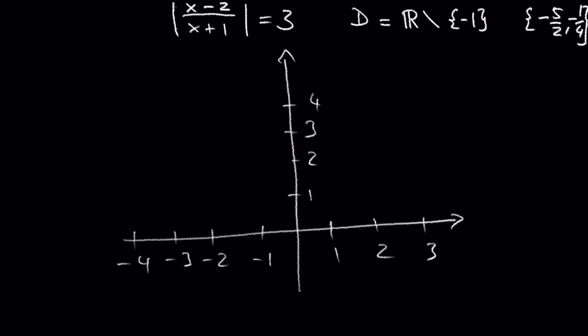One is the expression to the left of the equal sign, and one graph is the 3. The 3 is easy. It's just a horizontal line which intersects the y-axis at 3.